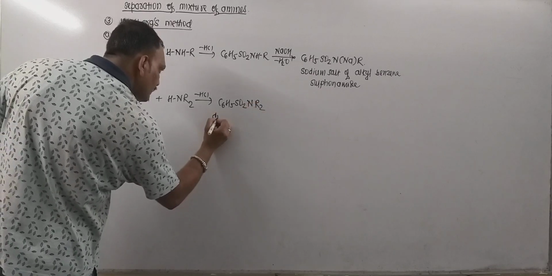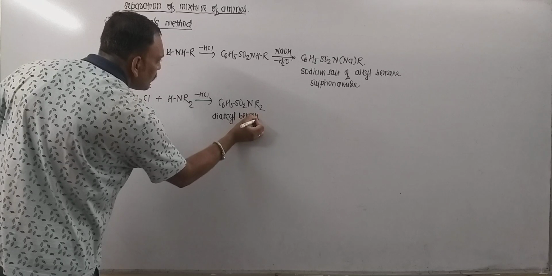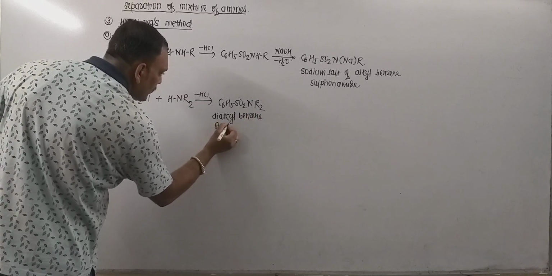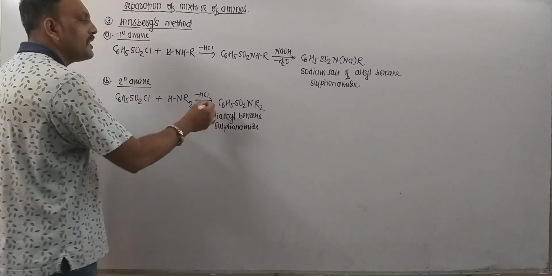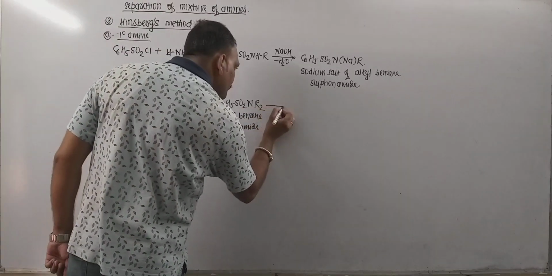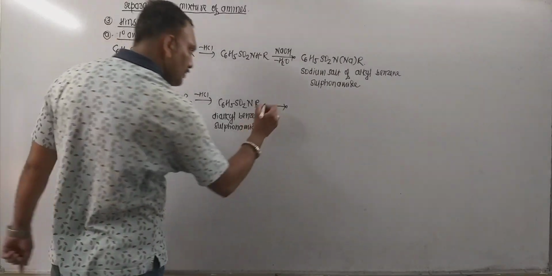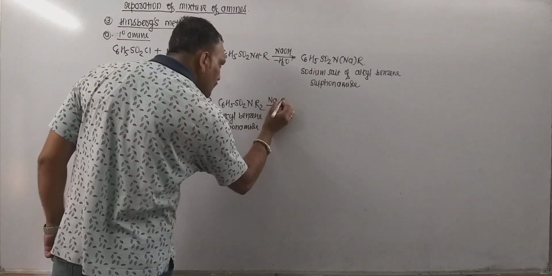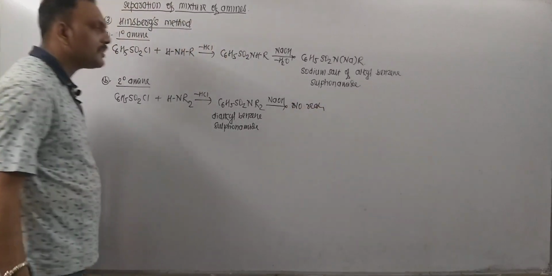This is dialkyl benzene sulfonamide. Now remember, dialkyl benzene sulfonamide does not have acidic hydrogen attached to the nitrogen, so it will not react with NaOH, and no reaction will take place.